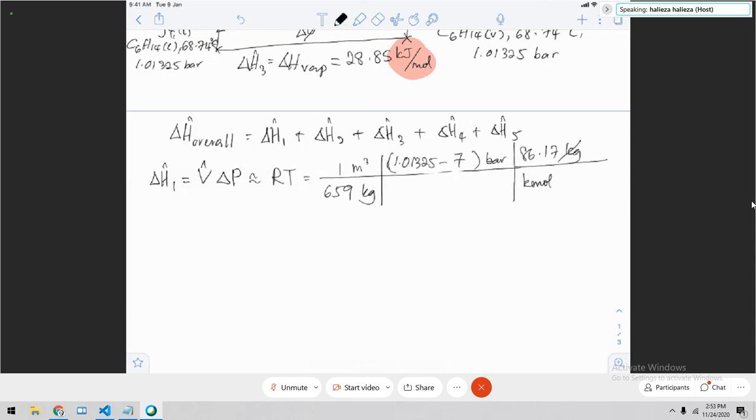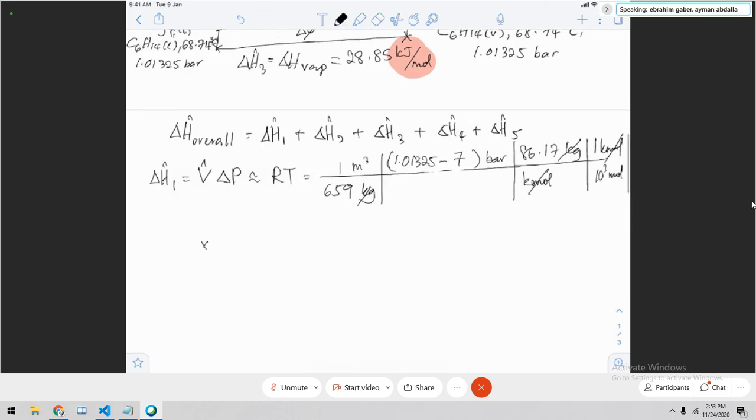Next, we want it in mole, so change 1 kilomole to 10 power 3 mole. You have the mole, but you haven't got the kilojoule yet. Anything else? M cube times bar is actually 10 to the power 5 Newton times meter, which is joule.